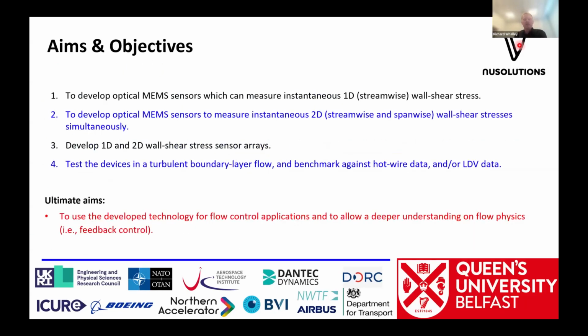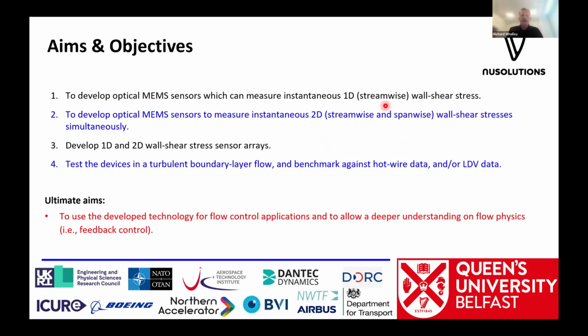And so we decided to try and make some MEMS sensors to try and fill these gaps. And our first aim was, can we develop a sensor which can measure instantaneous wall shear stress and direction of the flow? And so direction of flow, I call that the streamwise direction. And if we can do that, can we also then develop a sensor which can measure two components of the stress?